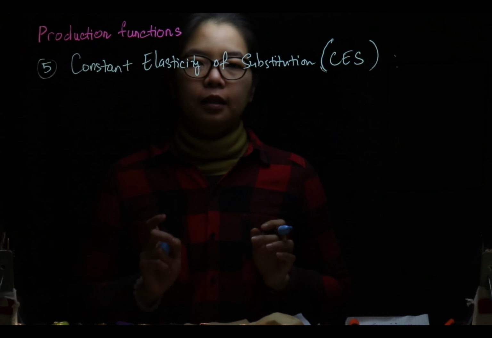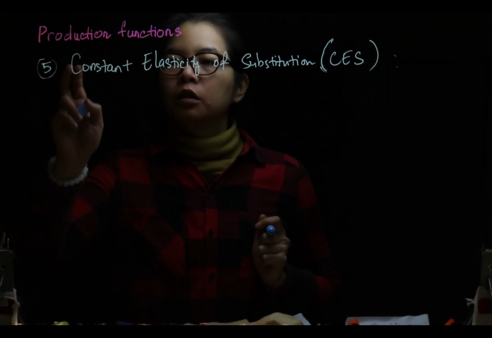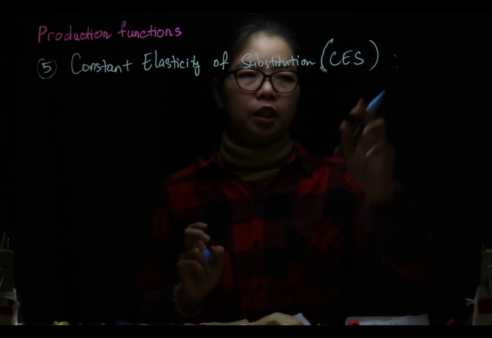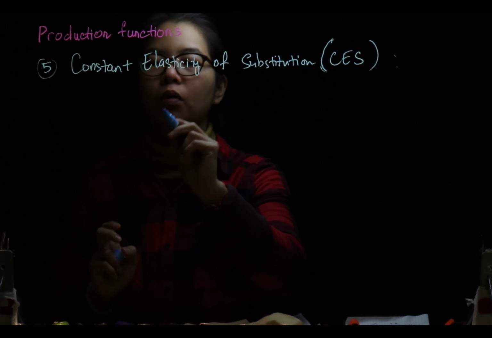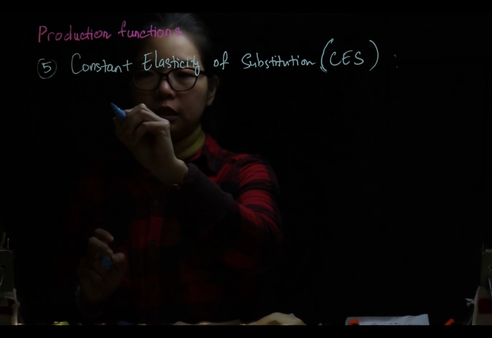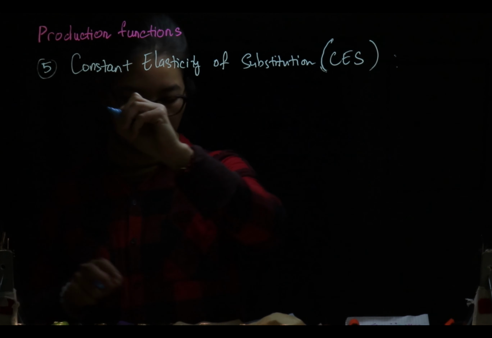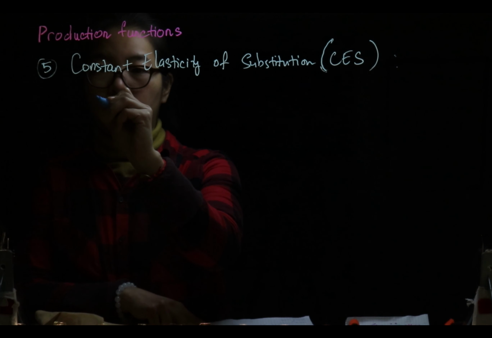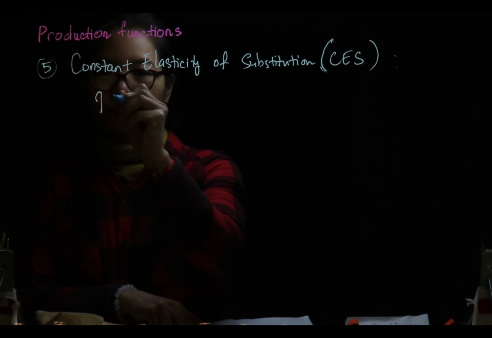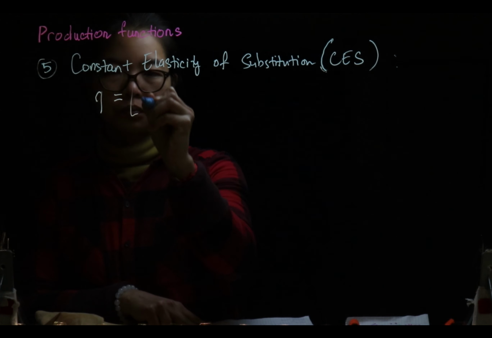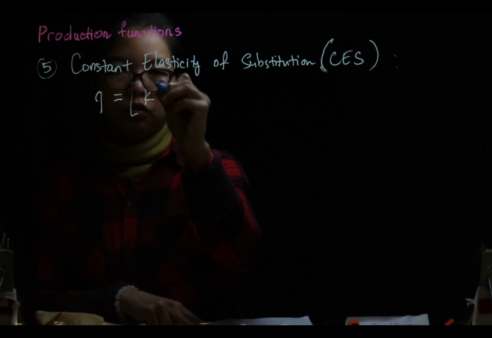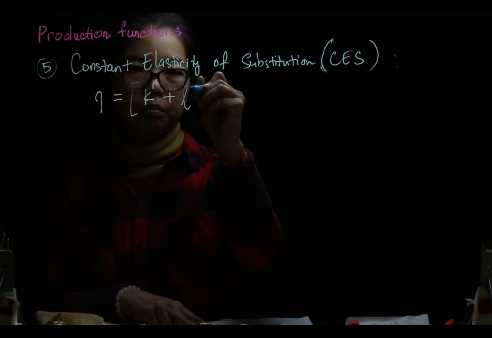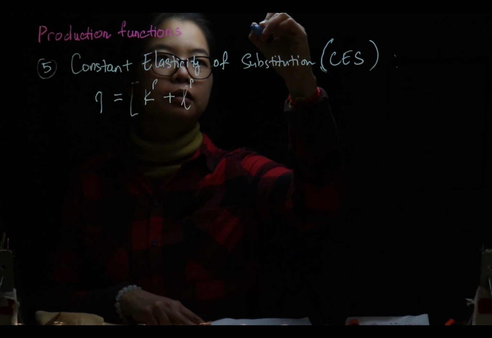The last case of production function we often see is the constant elasticity of substitution, the CES. You've seen that once in the utility function, I think. So in the production context, it will have the form Q equal to K to the power of rho plus L to the power of rho, everything to the power of gamma over rho. You know the Greek letters, right?